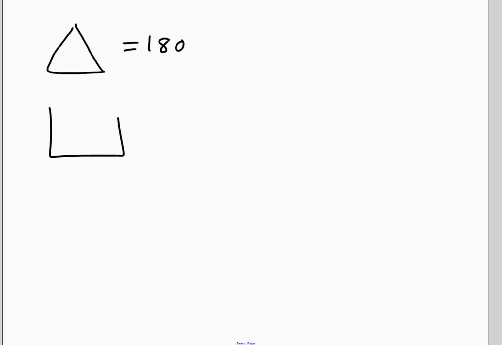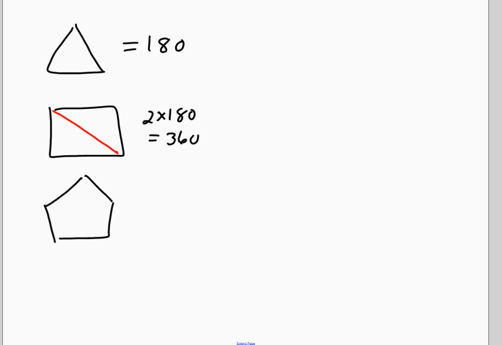And then a quadrilateral, the minimum number of triangles that you can form is 2 triangles. And so 2 triangles is 360. And then a pentagon, the minimum number of triangles that you can form is 3. And 3 times 180 is 540, and so on.